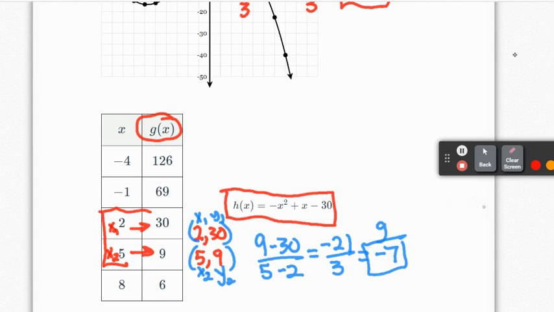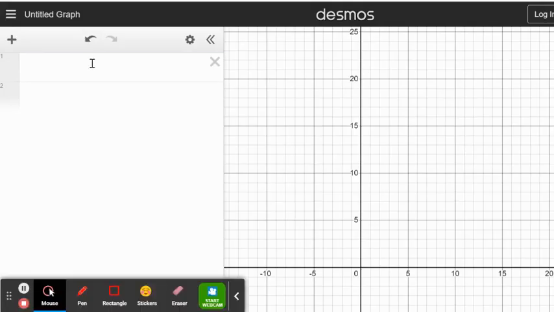Now I only have to do it one more time, and I'm going to do it with h of x. So here with Desmos, we're going to utilize function notation to figure out what the y outputs are over the interval. So I've got to go to Desmos and type in my function.